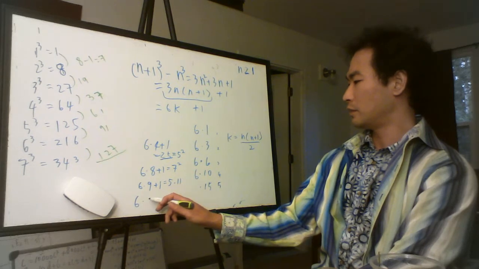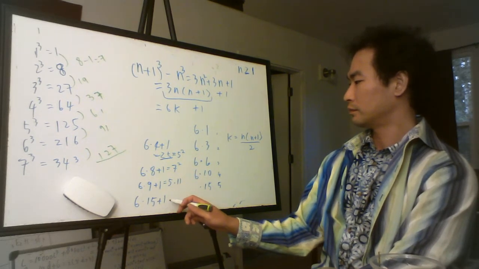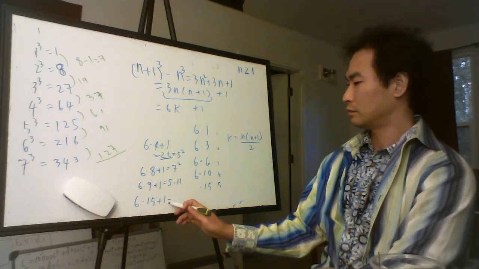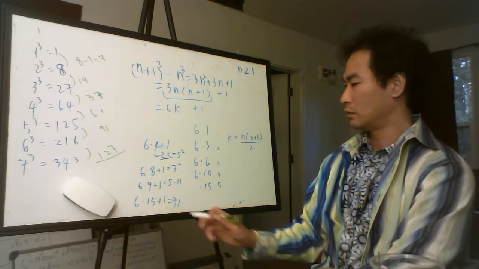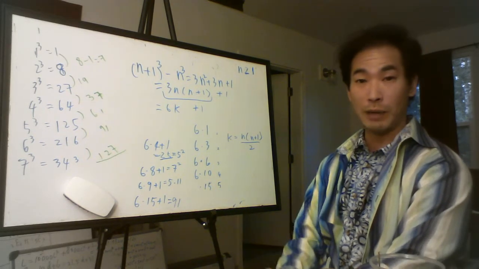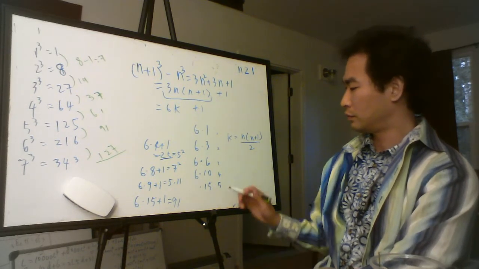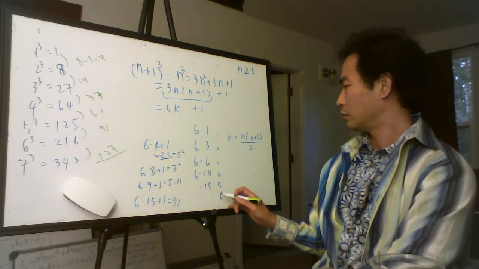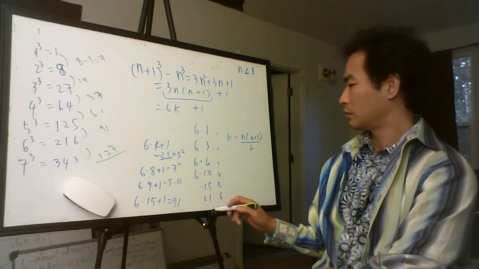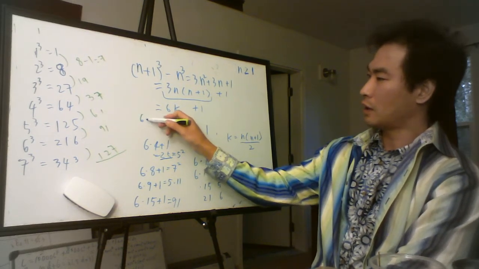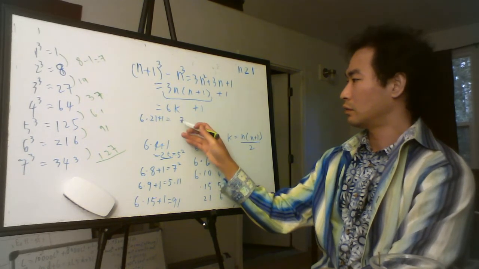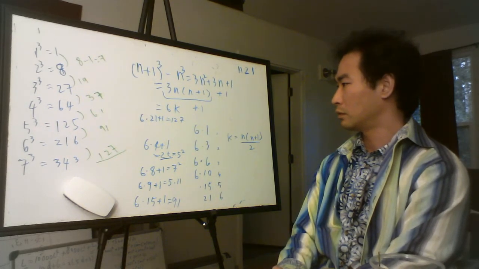How about 6 times 15 plus 1? 91? Prime number. We keep on going. So, 6 times 21 plus 1. Prime number?